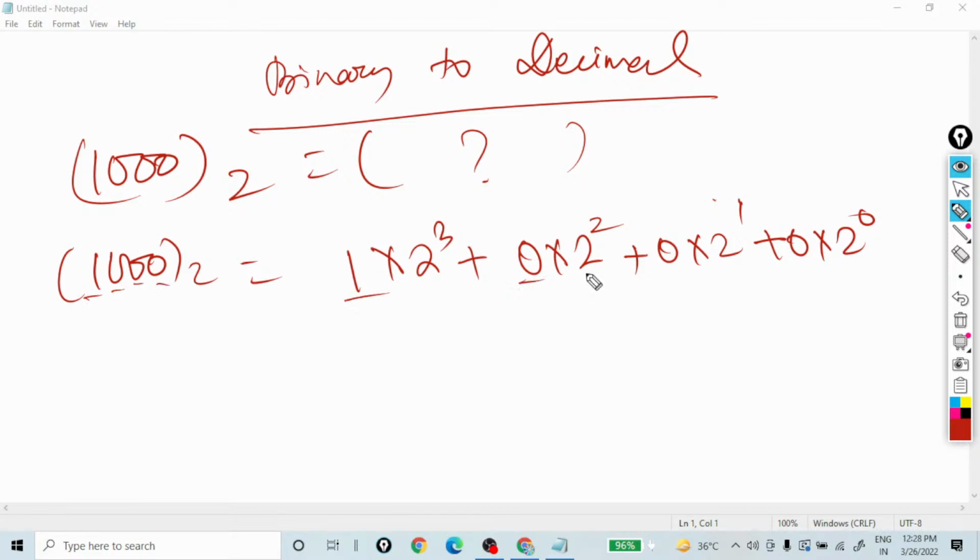So 4 minus 1, that is 3, 2, 1, 0. Remember, if there are 4 digits, then it will start from 2 to the power 3. If there are 3 digits, then it will start from 2 to the power 2, right? So the answer will be 8 plus 0 plus 0 plus 0, that is equal to 8.